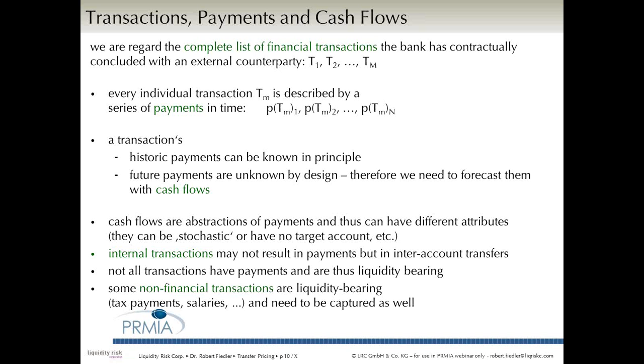But in addition, we need to look at things which are outside of the closed financial transactions world, like tax payments, salaries, or if the bank buys equipment and whatever. All these things go into the nostro.